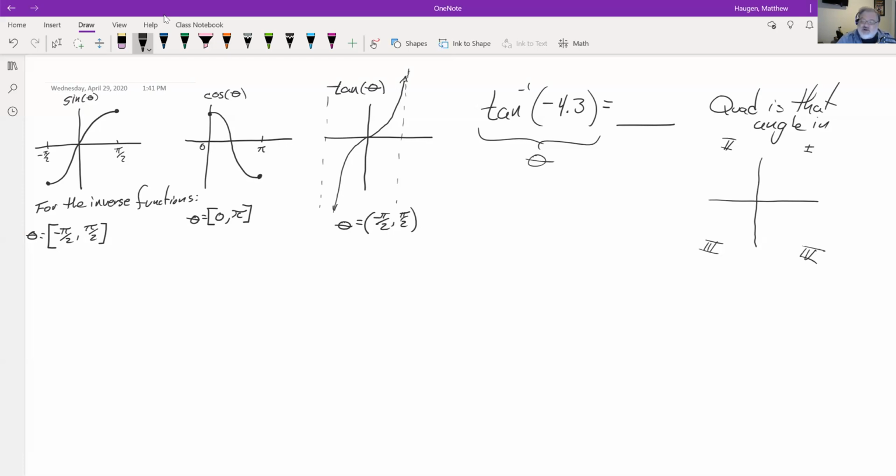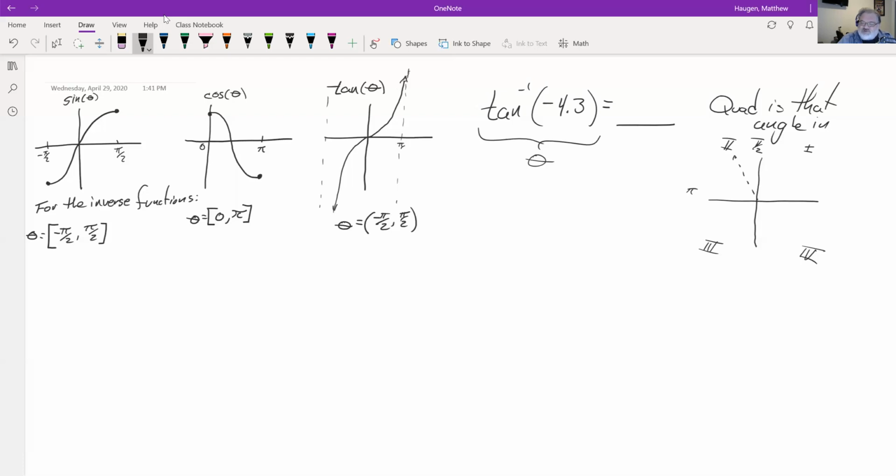Now, in a lot of ways, 2 is not an unreasonable answer, because that tangent is negative, and we know tangent is negative in quadrant 2. So in a lot of ways, 2 is a very seemingly reasonable answer, except that quadrant 2 goes from pi over 2 to pi.